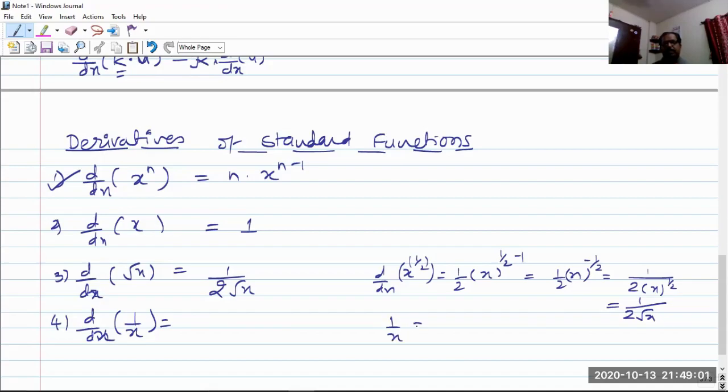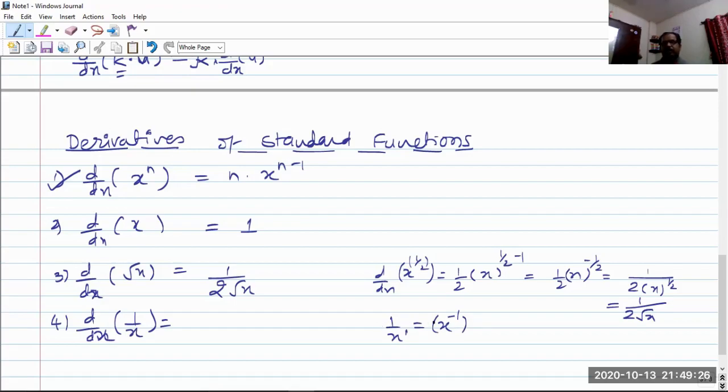This 1 by x can be written in x raised to n form by taking it in the numerator in reciprocal form. So 1 by x means 1 by x raised to 1. If we take it in the numerator using the law of indices that 1 upon x raised to m is x raised to minus m, the sign of the power will change. If we take its reciprocal, it will become x raised to minus 1, like that.